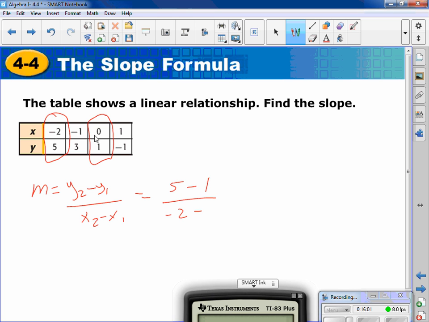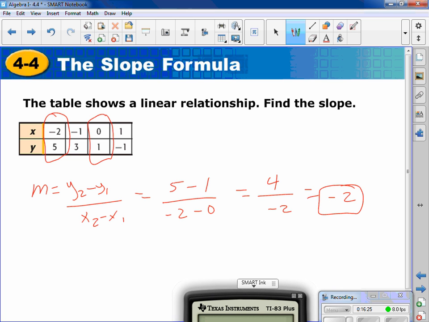The one that matches with the 1 is 0. 5 minus 1 is 4. -2 minus 0 is just -2. 4 divided by -2 is -2.